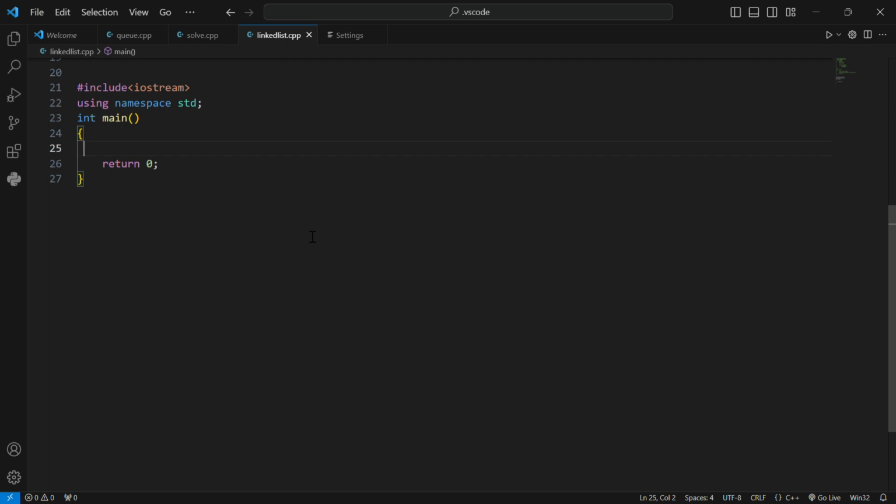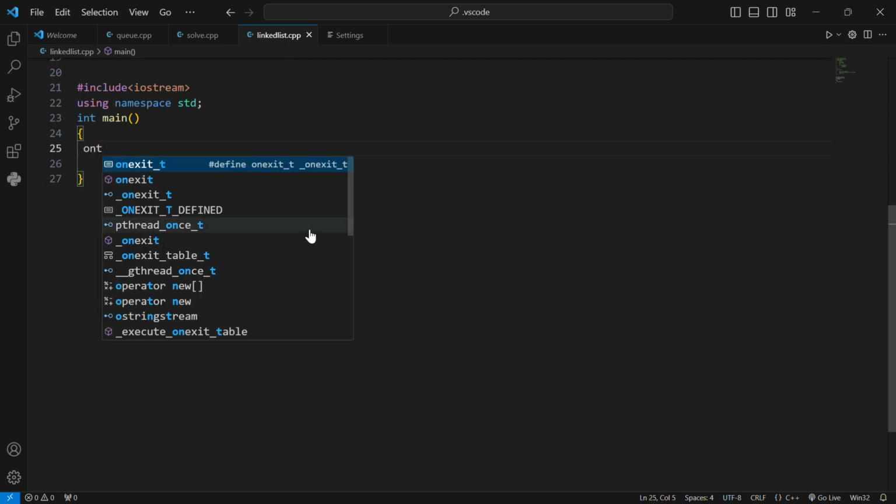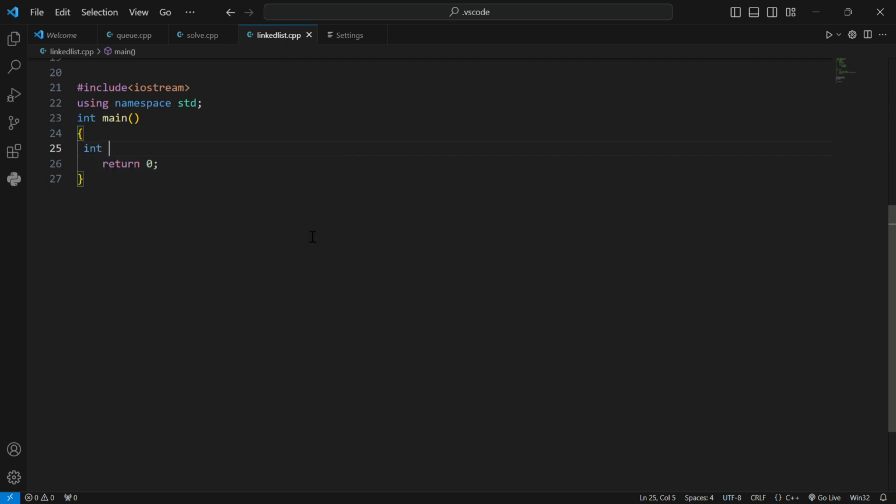Let us consider a number, that is a is equal to, let's say, 20, b is equal to, let's say, minus 66. Here we are going to swap by using addition and subtraction.